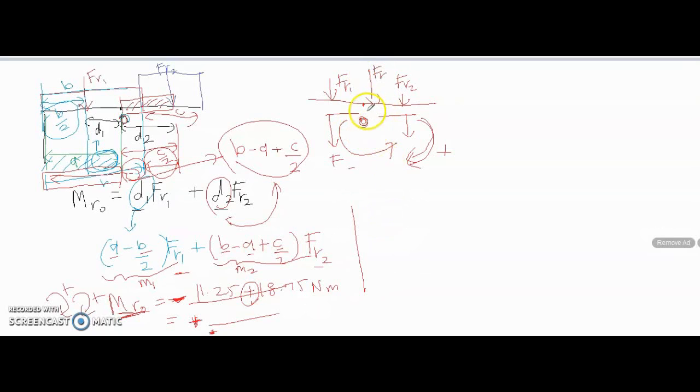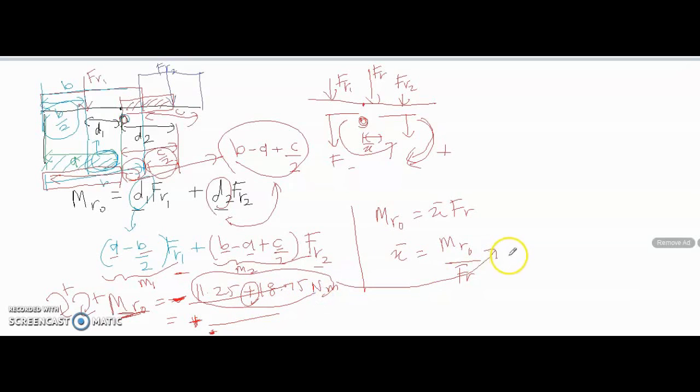So you need to find from point O to FR, which is X bar, using the equation MR naught equals X bar multiplied with F resultant. So simply you will get X bar is equal to MR naught divided by FR. So MR naught is negative 11.25 plus 18.75 Newton meter, divided by your FR, which you calculated just now, 70 Newton.